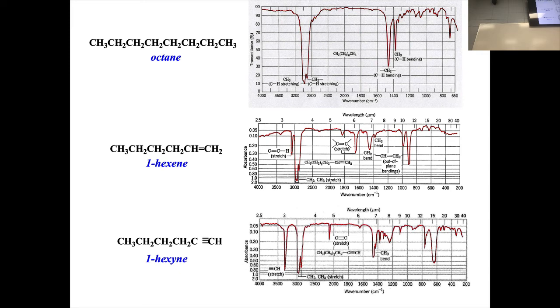When I stretch that carbon-hydrogen bond, it really does change the dipole moment quite a bit. Remember, alkynes are more acidic. It's easier to remove that hydrogen. So when I stretch this, I get a change in dipole moment that's pretty strong, and so you will see that, okay?